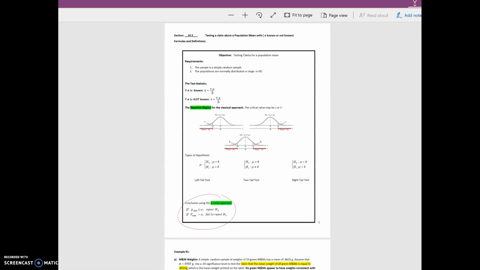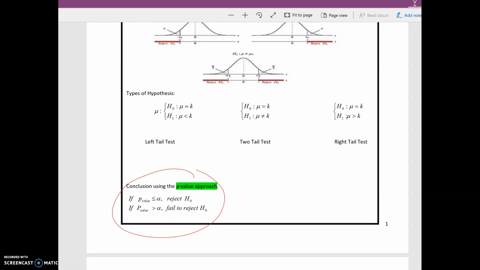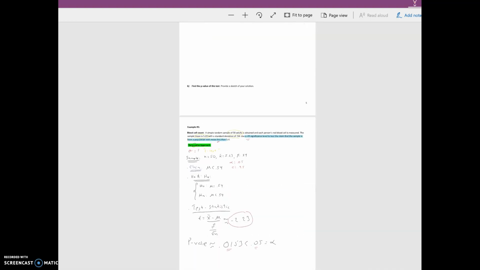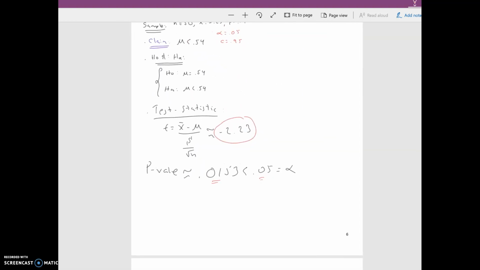And in page 1, you're comparing the p-value with the value of alpha. If it's less than or equal, automatically reject H0. So your final conclusion would say something along these lines.